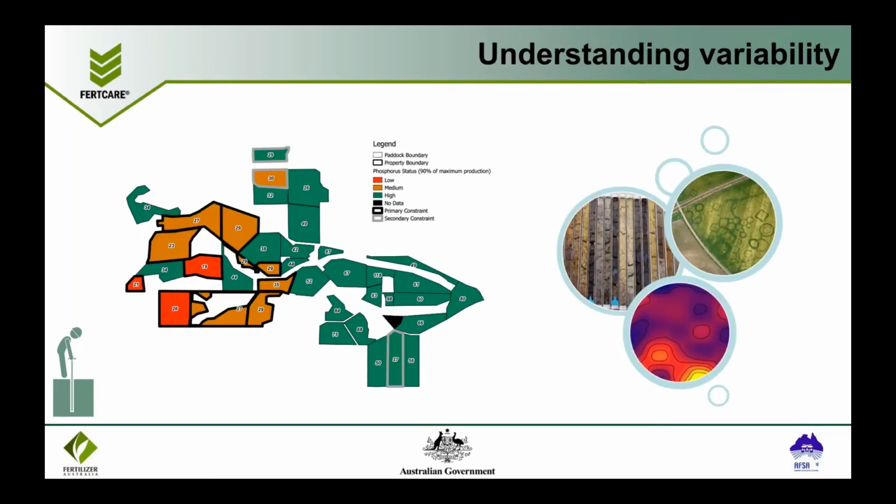So understanding variability is really important, as Jeff's already mentioned. Here we can see a map showing soil phosphorus status classified as high, medium or low across a particular farm, and you can see how that varies across the farm.